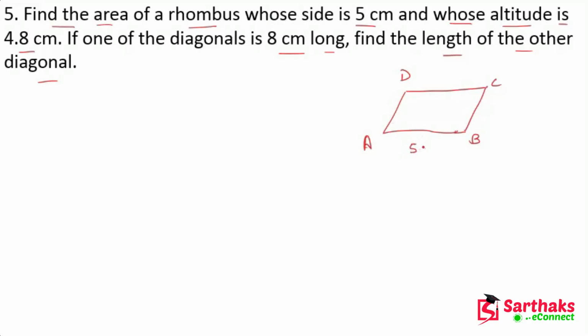The diagonal is 8 centimeter. The altitude is 4.8 centimeter, meaning the perpendicular distance between the two parallel lines, which is the height of the rhombus.